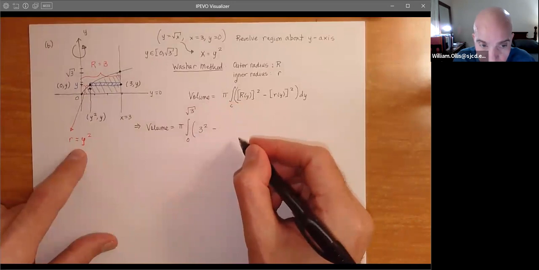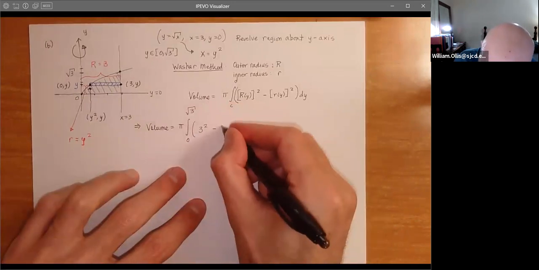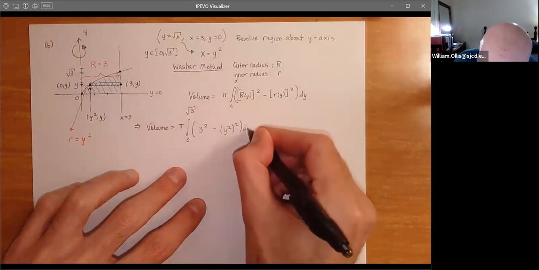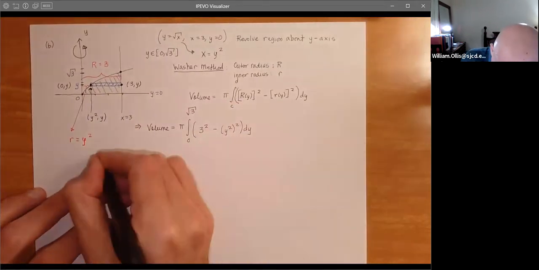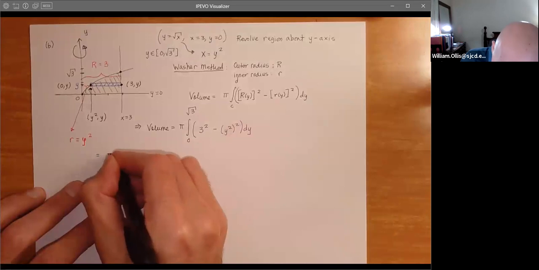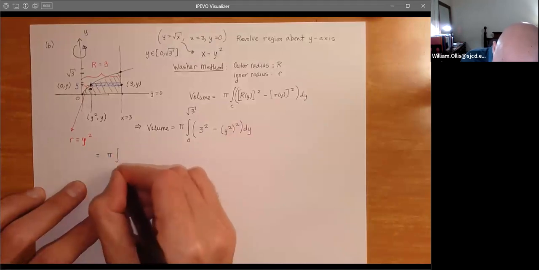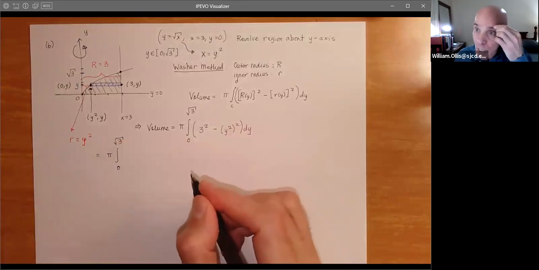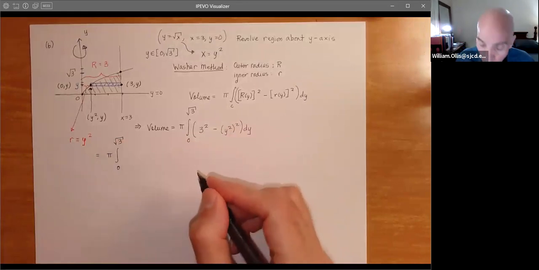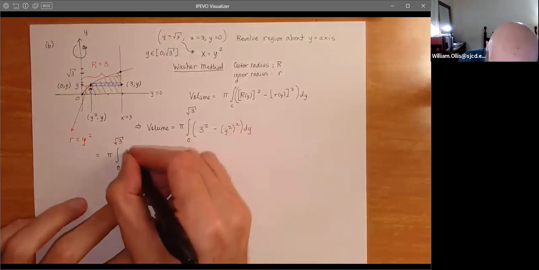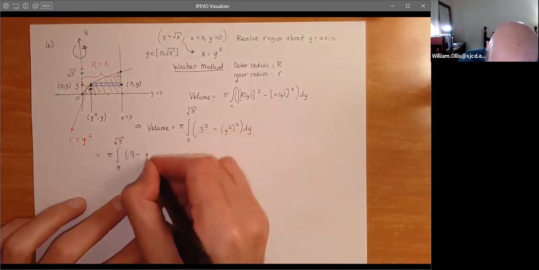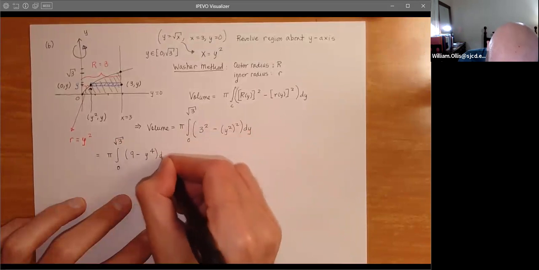The inner radius is y squared, so we have y squared squared. So we're going to find that there's a fair amount of arithmetic with these problems, but the integrals are fairly simple, very, very simple power rule problems. So this will give us a 9 minus, when we square this, y to the 4th power.